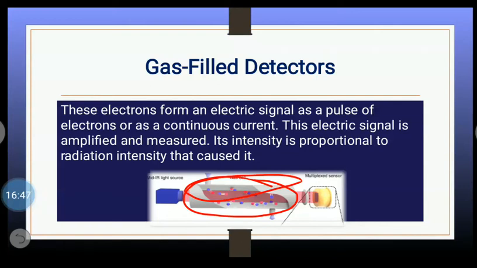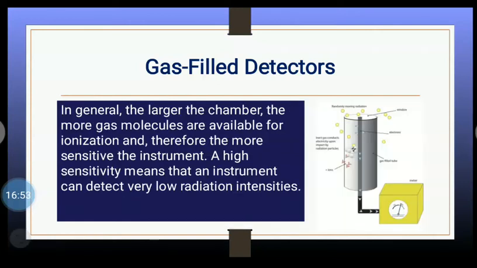Again, the signal is proportional to the radiation intensity that caused the ionization. In general, if we use a larger chamber, more gas molecules are available for ionization, and therefore the instrument is more sensitive. High sensitivity means an instrument can detect very low radiation intensities.